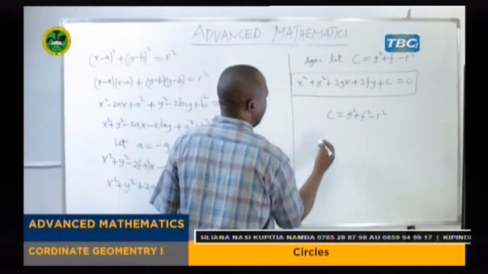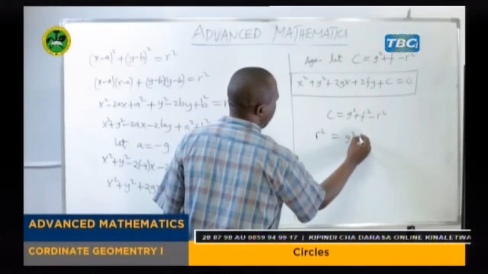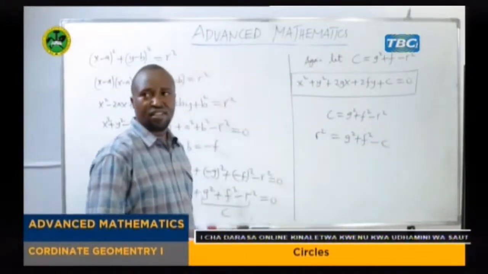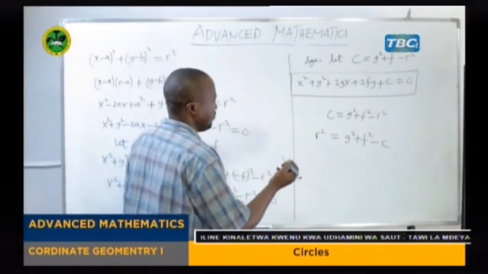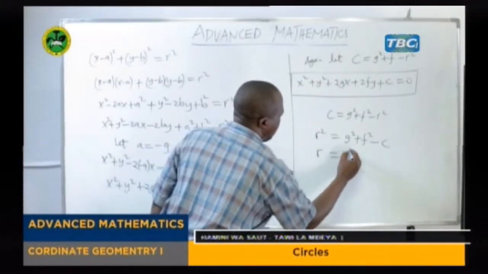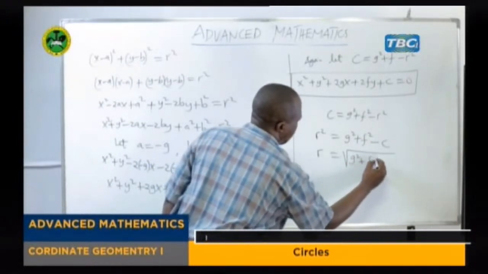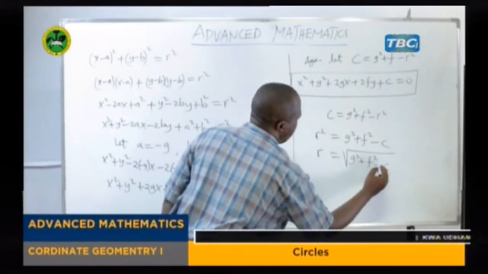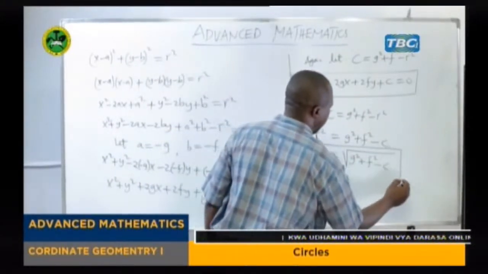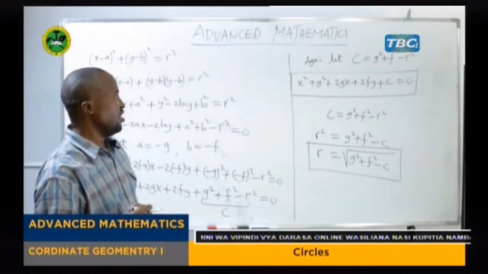So we shift r, and this side we are going to have r squared is equal to g squared plus f squared minus c. So in this case, r will be equal to the square root of g squared plus f squared minus c. So in this way we can find the value of r.